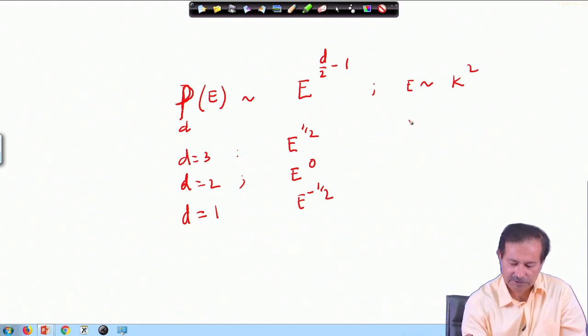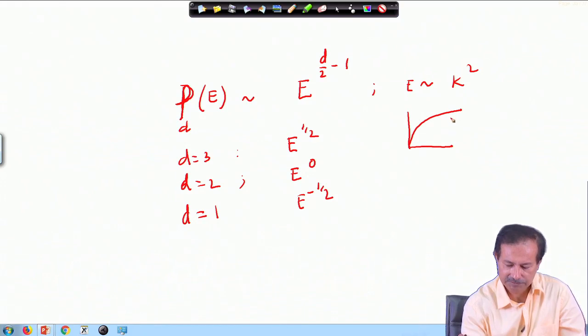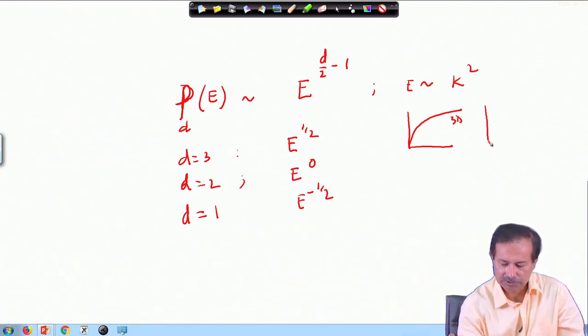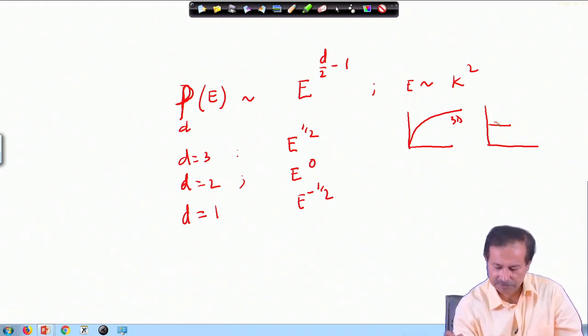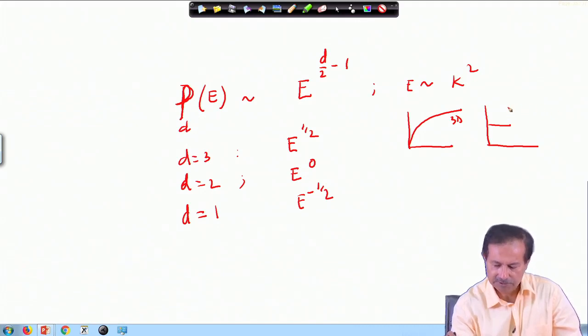So, this is like a square root for 3D, 2D is a constant, and that step-like structure I was showing was for different bands. There are different steps, different straight regions.